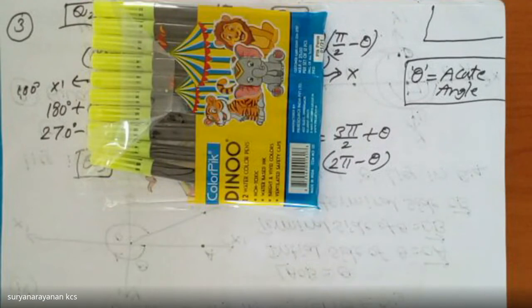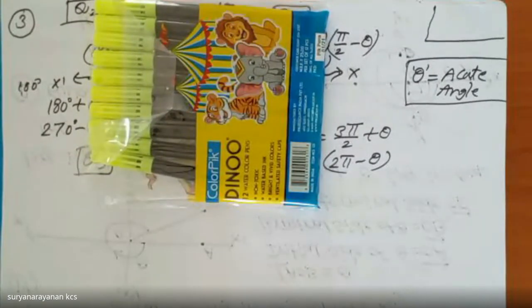90 degrees minus theta. Can you tell me? Melam, in which quadrant does it lie? What is meant by 90 degrees minus theta? 90 degrees minus means less than 90. In which quadrant does it lie?